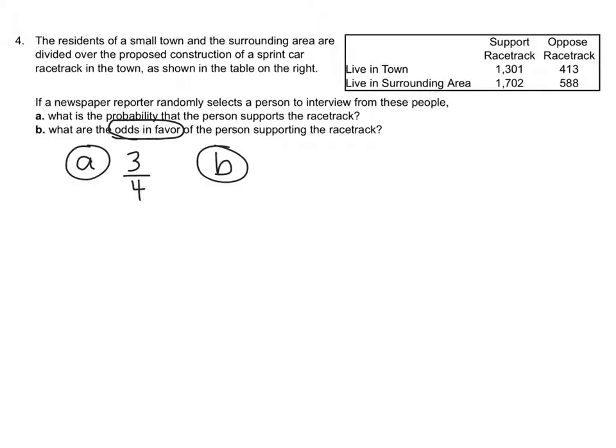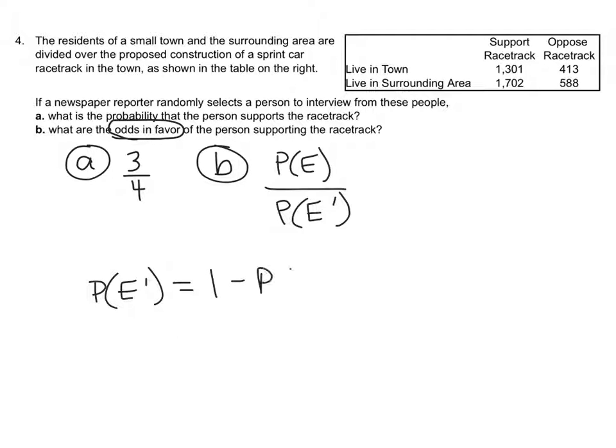So the odds in favor is represented by the probability of the event divided by the probability of the complement of the event. So I need to find the complement again, and the complement is just 1 minus the probability. And we found the probability in part A. So this is 1 minus 3/4.